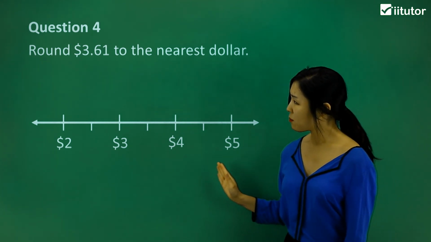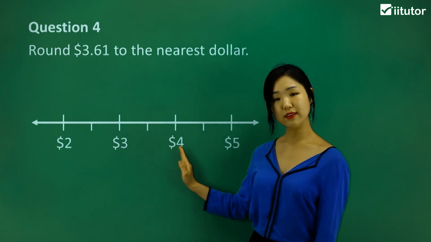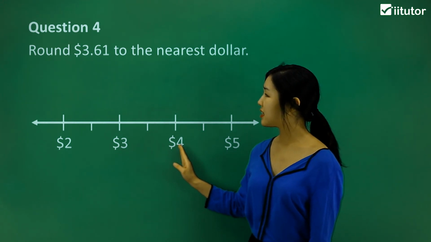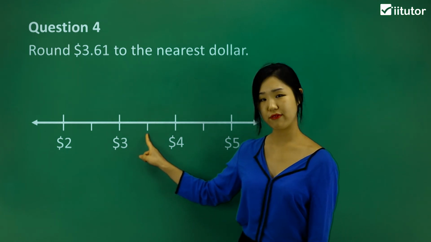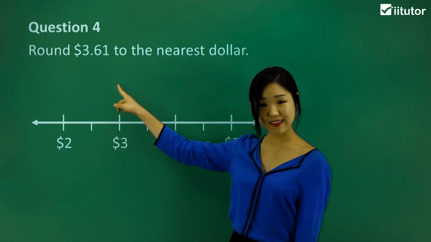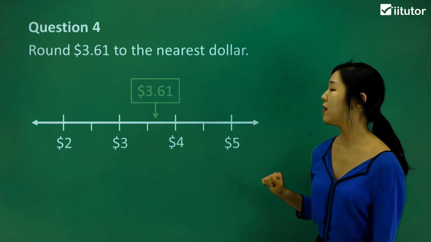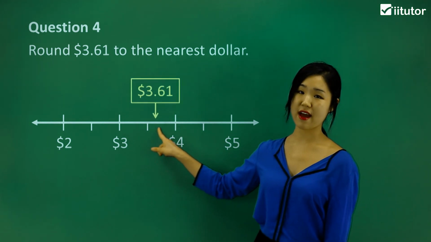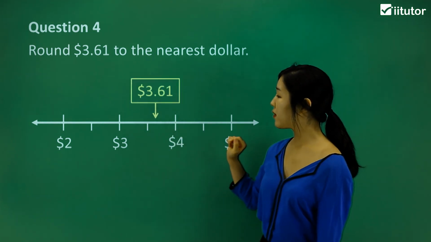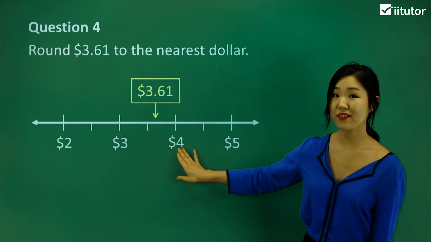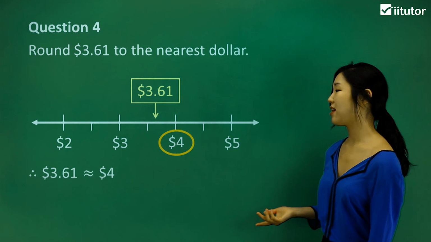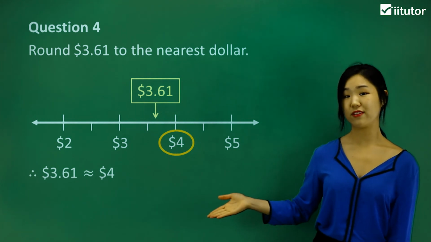You can see it's in between $3 and $4, but because the midway point is 3.5 and this is 3.61, it's slightly bigger. So it's more towards the right hand side of the midway point. So 3.61, which whole number is it closer to? This one, isn't it? So the approximation is going to be $4 to the nearest dollar.